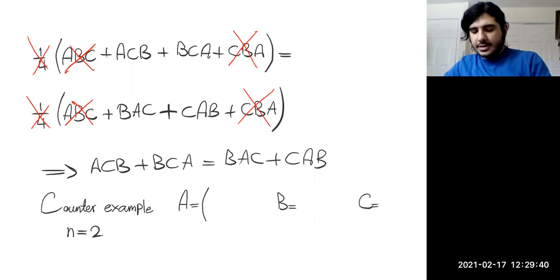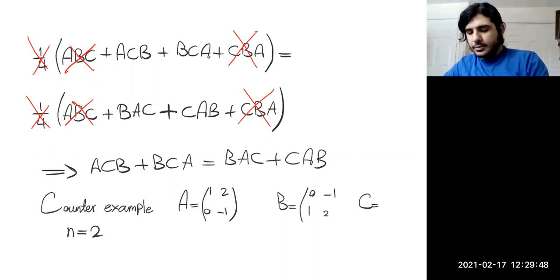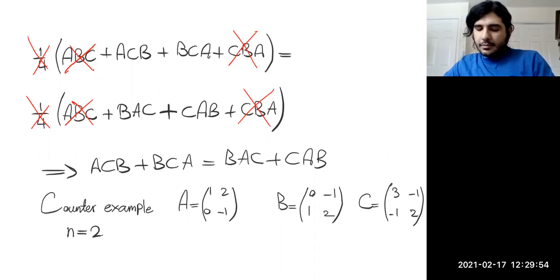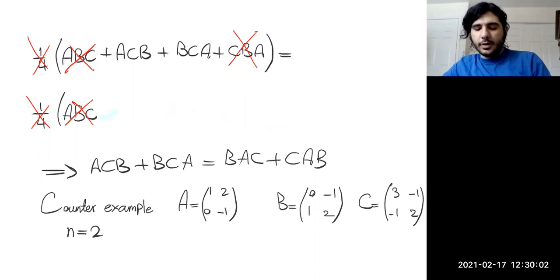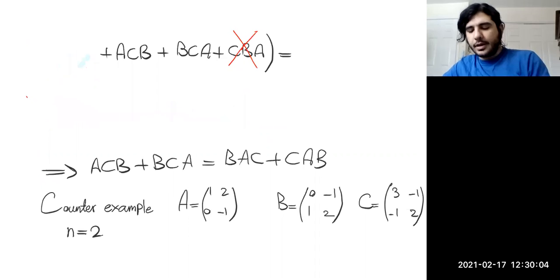Let's say A is 1, 2, 0, minus 1; B is 0, minus 1, 1, 2; and C is 3, minus 1, minus 1, 2. We have three explicit matrices. Let's compute these two quantities and see if they are equal or not.